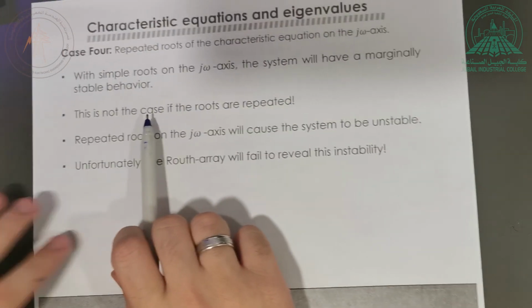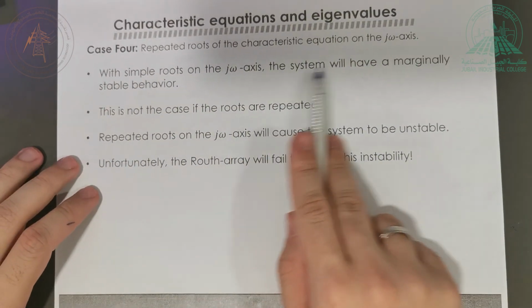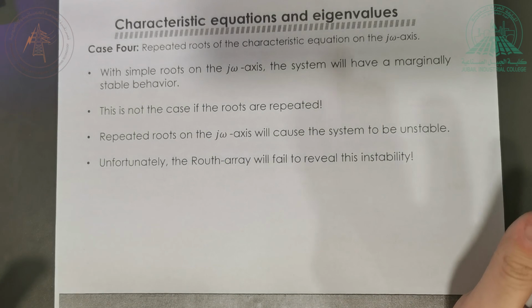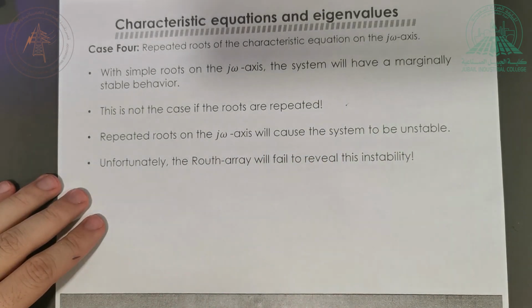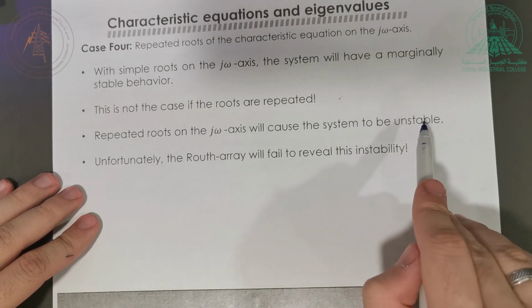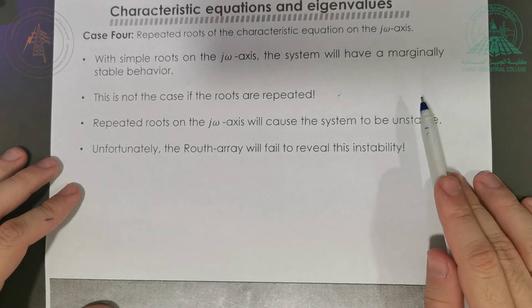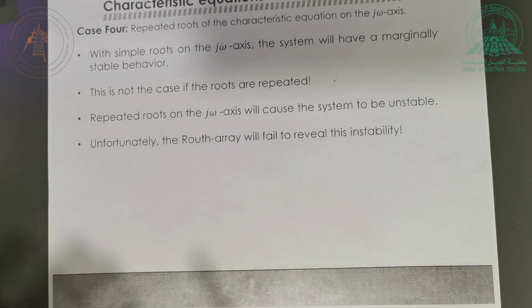With simple roots on the j omega axis, the system will have marginally stable behavior. But repeated roots on the j omega axis will cause the system to be unstable, and unfortunately this Routh-Hurwitz technique will fail to reveal this instability. So this is the only issue with this technique.